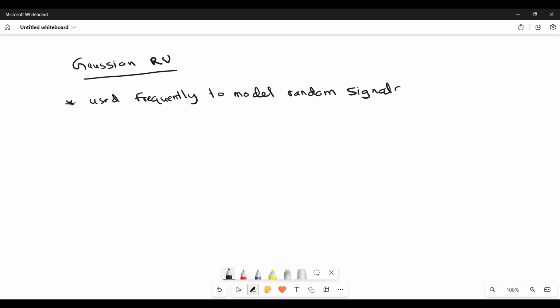However, we also have to keep in mind that only selected random signals can be modeled using Gaussian random variables. Not all the random variables in the world can be modeled using Gaussian random variables, right? Only selected random variables follow the Gaussian distribution, but there's another important thing.